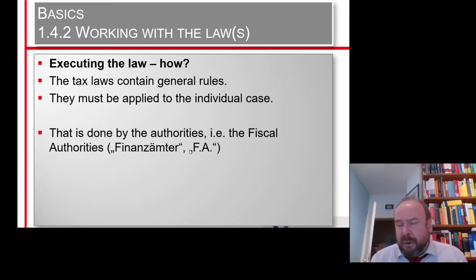So one could call it fiscal office or local fiscal office. Nevertheless, I prefer the rather general translation, the fiscal authority, because that has the charming effect that you can use the same abbreviation, namely FA, which Germans would probably also use for Finanzamt.